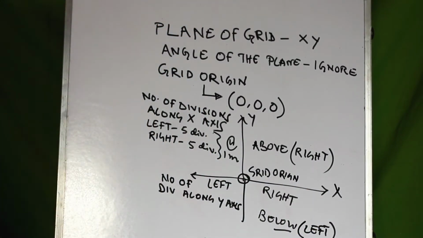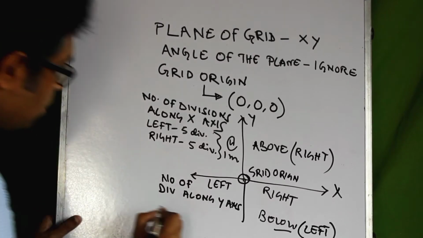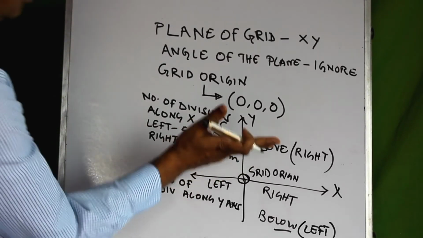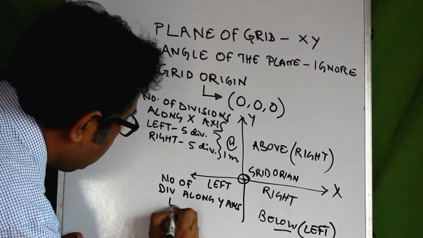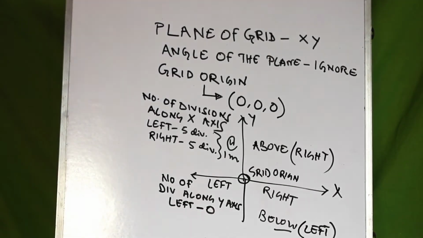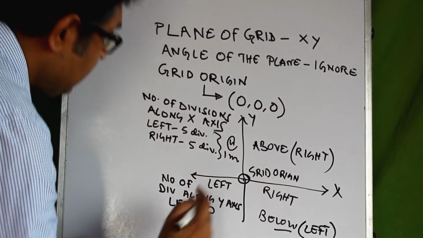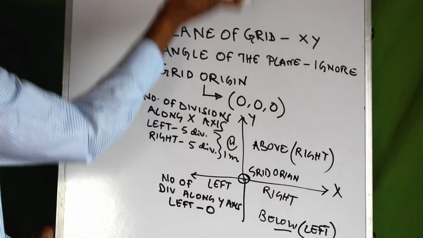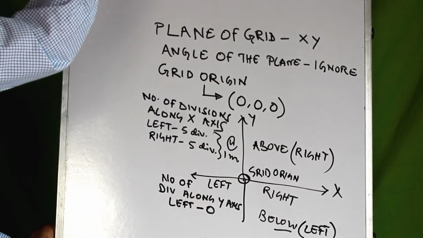So in specifying the divisions along the y-axis, we do not need any divisions below the grid origin, so we will not have any divisions in the left, but we will have 10 divisions. We want to have 10 divisions above the grid origin.